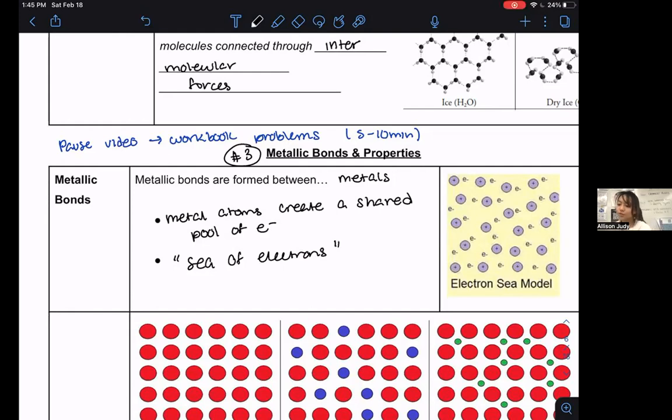Remember, metals want to lose their electrons, but let's say a metal can't find an anion. It'll just go with its platonic group of metal friends and pool all of their electrons, and both give and receive accordingly.